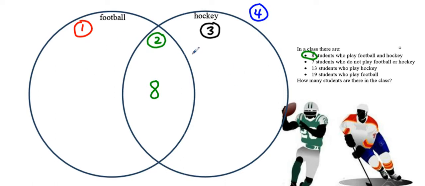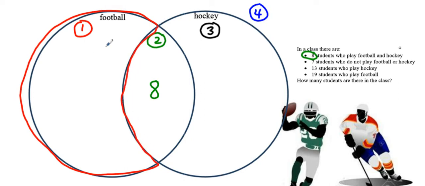Now you start working your way out here. Section number 1 involves just this crescent section. So that would be the people who play football but do not play hockey. So it says 19 people play football. So 19 people would be the full football circle, because some of those 19 people also play hockey.